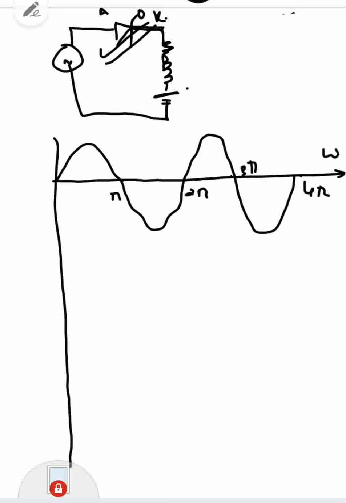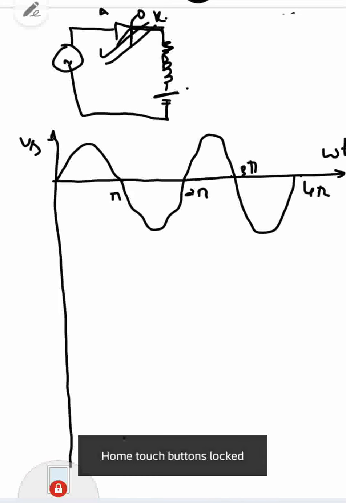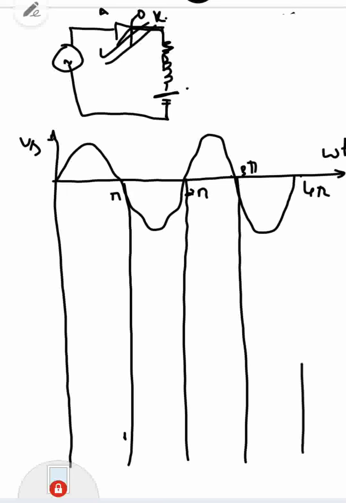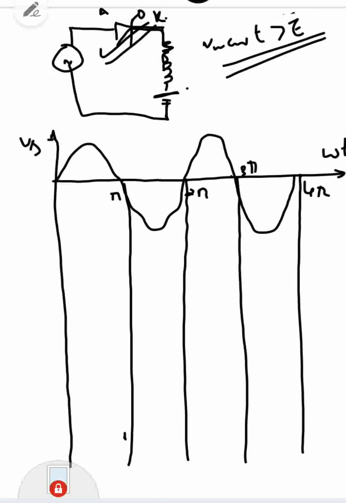So this is the omega t axis, and this is Vs, the supply voltage Vm sin omega t. The condition is that whenever Vm sin omega t is greater than E, only then can the SCR conduct. So I am also going to draw E here. E is the battery voltage. You measure how much voltage it is and draw it here. Assume this width is E.